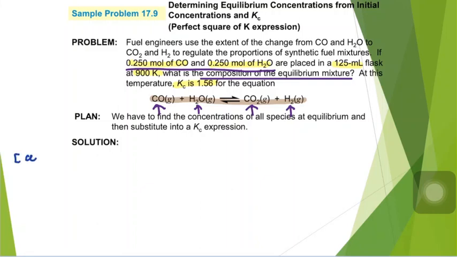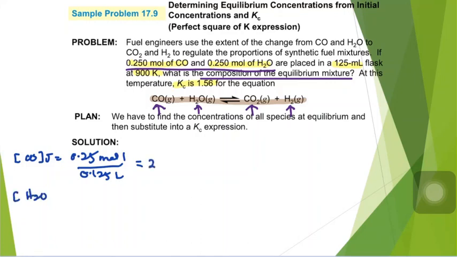So the initial concentration of CO is equal to 0.25 mole divided by the container volume of 0.125 liter, which is equal to 2 molar.